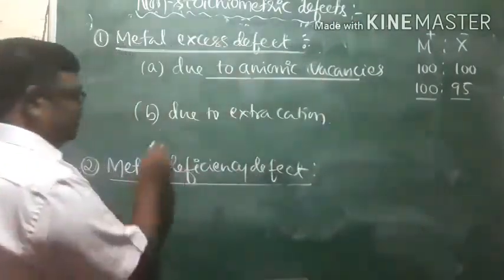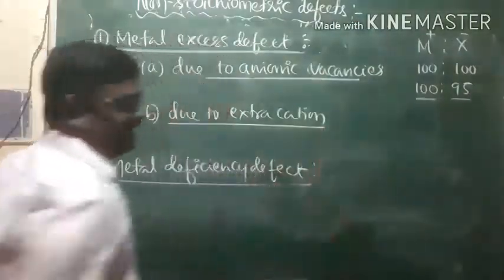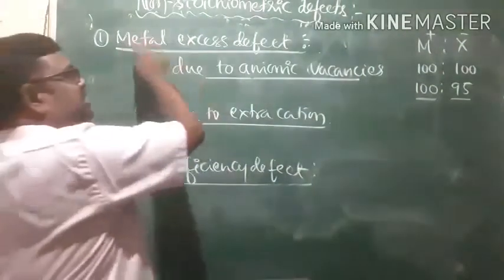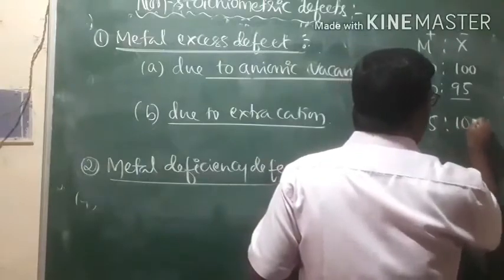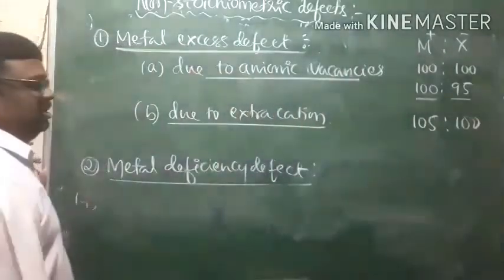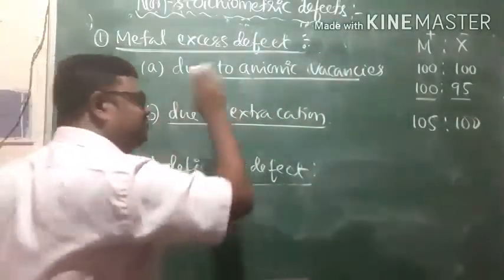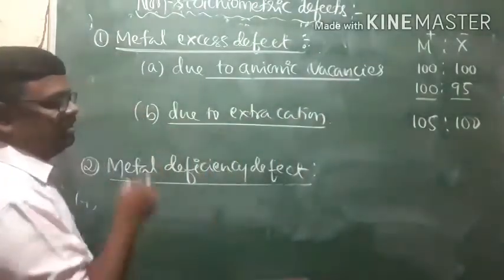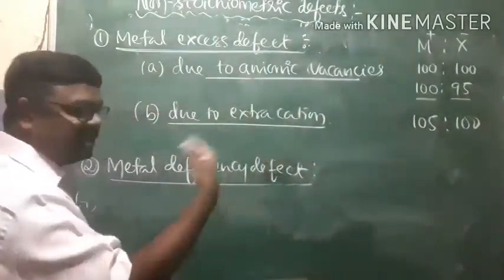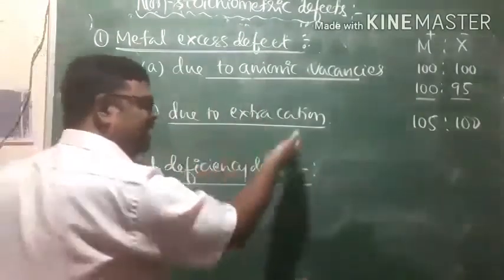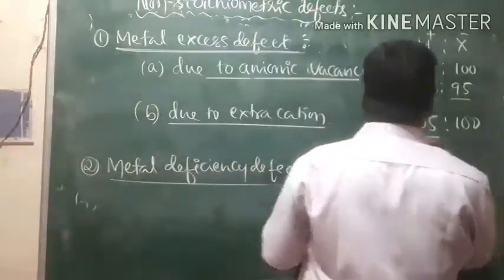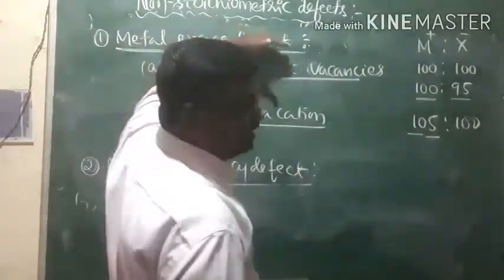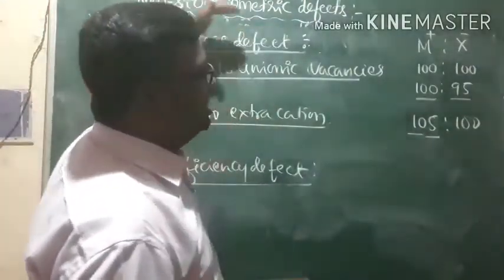Look at this. Metal excess defect due to extra cation. You can also increase the number of metal ions by adding extra cations. To the ionic crystal, if I add 5 extra metal ions, that is cations, then also the number of metal ions will be increased.